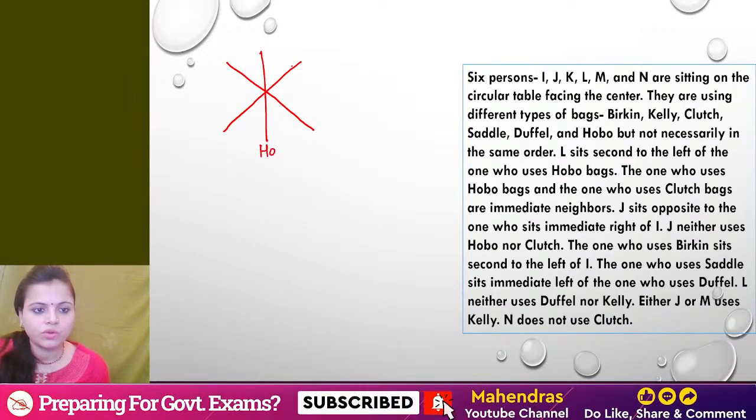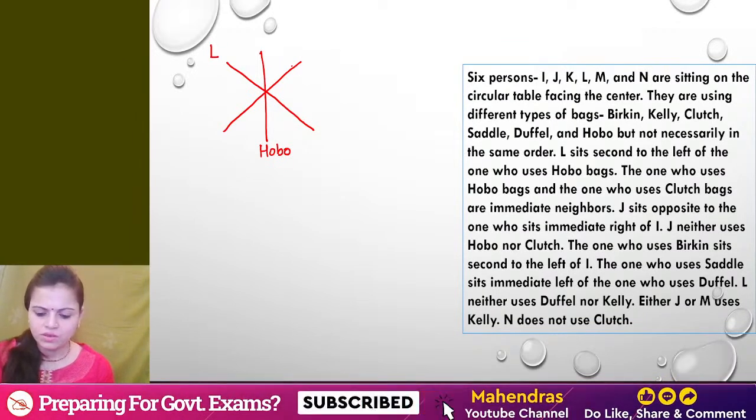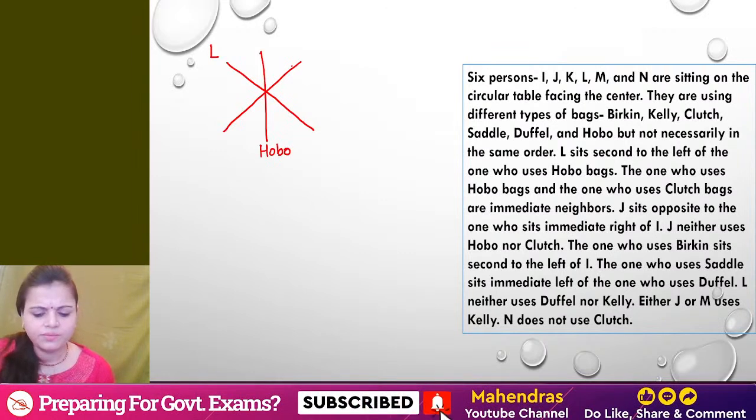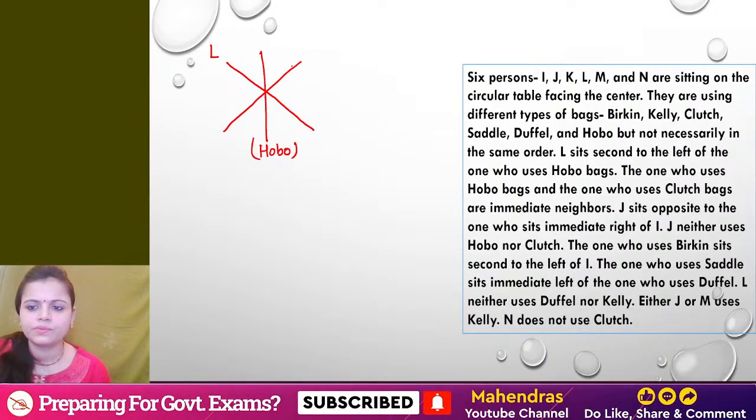So let's put hobo. L second left. So this place is for L. It's clear, na?